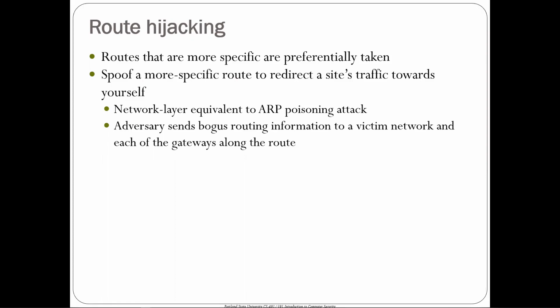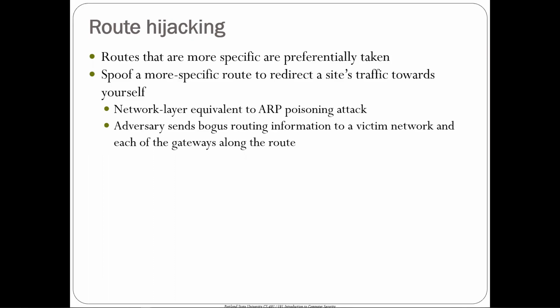We know that we can spoof advertisements. And so the attack is to spoof a more specific route to a victim in order to redirect that victim's site towards an autonomous system that the adversary owns, or the adversary is in.